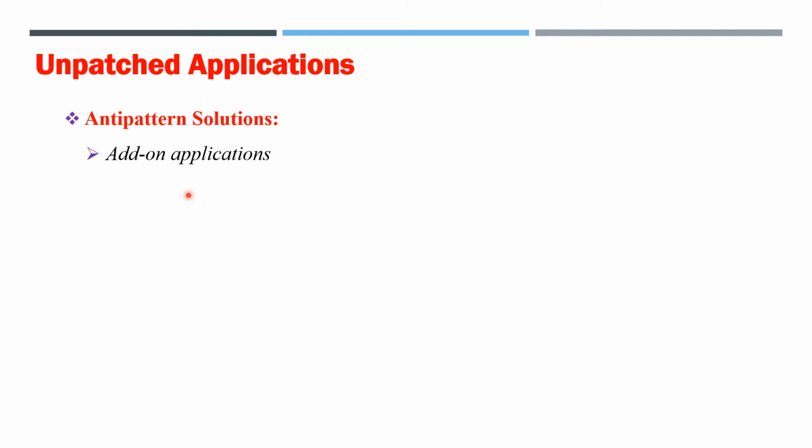Vendors should try to release the patches for the problems at the same time that the defects are announced. Vendors are nothing but the application providers. They need to release the patches for those particular problems.